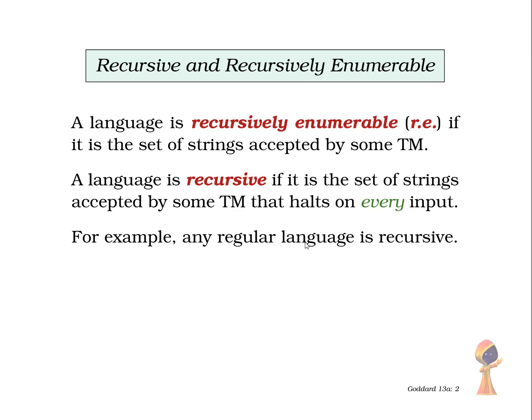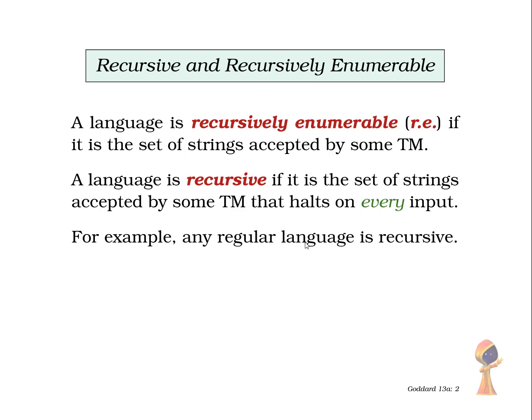Now let's contrast it with what is a recursive language. A recursive language is a set of strings that is accepted by some Turing machine, but the most important part is it halts on every single input.